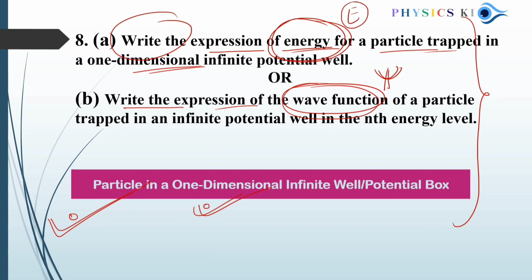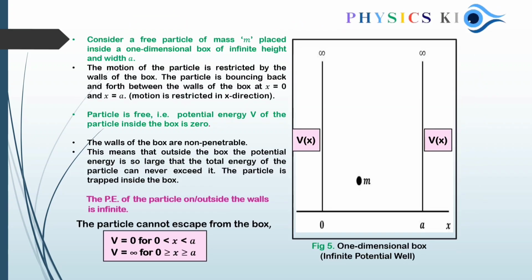And how to solve it? Let's start with our first case. This is our one-dimensional potential well. Our particle, a free particle of mass m, is placed in a one-dimensional box. The potential is infinite and the width is 0 to a.